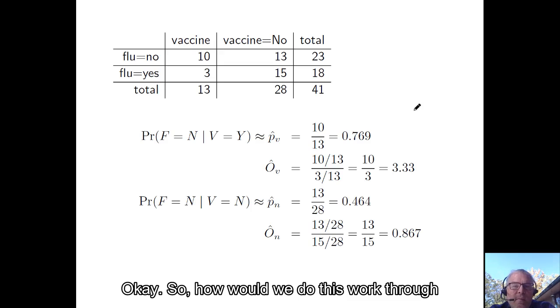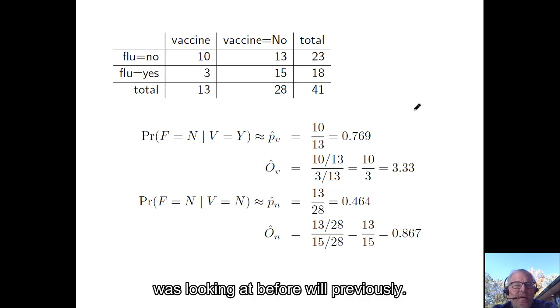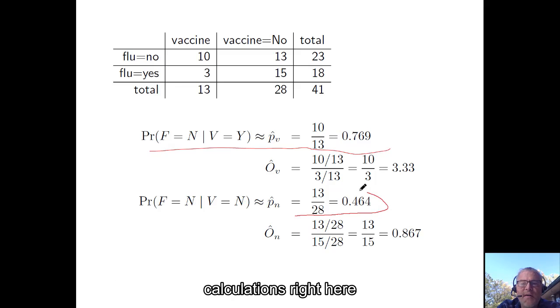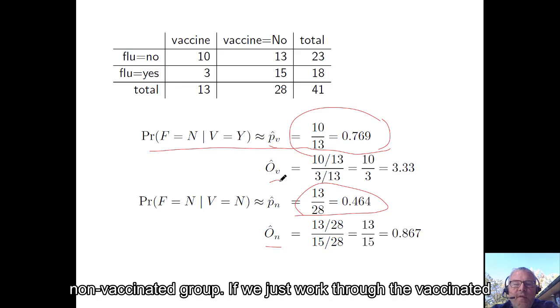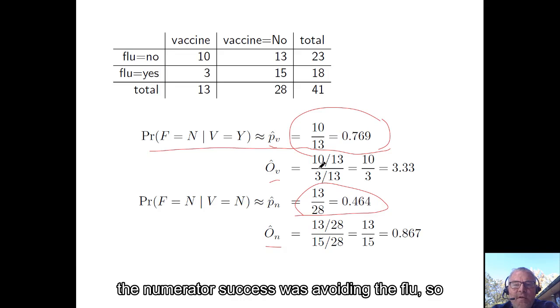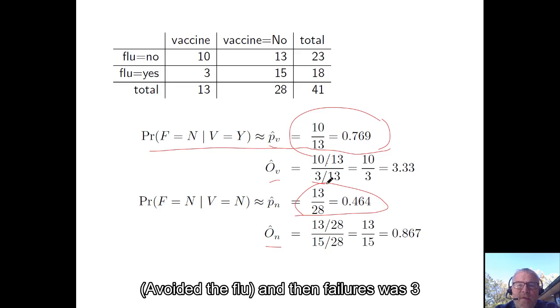Okay, so how would we work through these calculations for this example I was looking at before? Previously I had shown you the table and these calculations for the two p hats, the p hat for the vaccinated group and the p hat for the non-vaccinated group. If we just work through the vaccinated group, the odds on the numerator, success was avoiding the flu, so it was 10 over 13 avoided the flu, and then failures was 3 over 13.